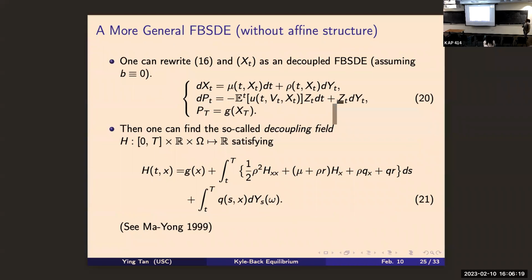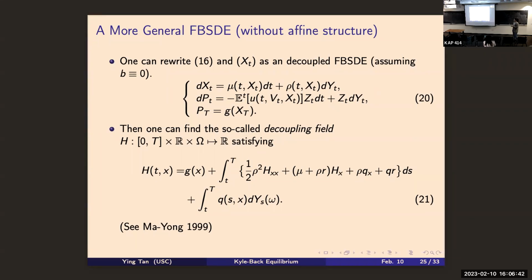This is a more general FBSDE without the affine structure. Without the affine structure, we still have the FKK equation for the market price, whose coefficient is random, but we can still have an FBSDE. But now the decoupling field is random.